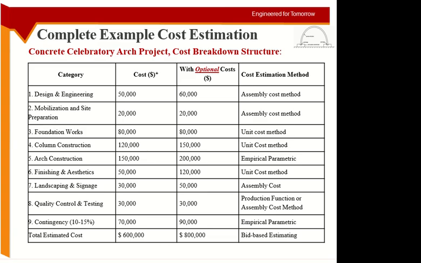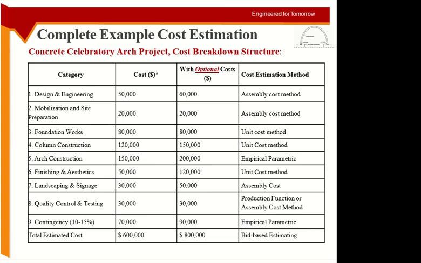Mobilization and site preparation, again, is for the whole site. For a site of this size, I will take this much, so it's the assembly cost. Then foundation works: you have the size of the foundation, so you can calculate for this much formwork and for this much concreting per cubic meter how much cost will be taken.